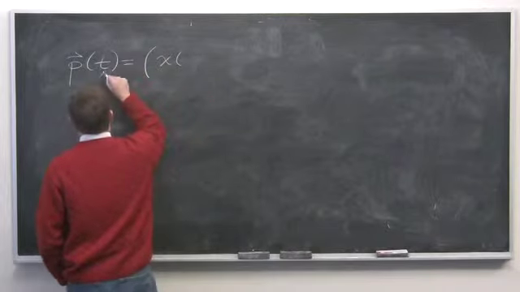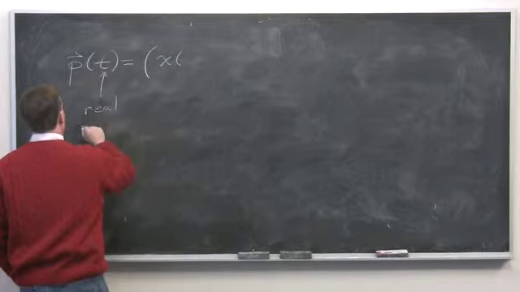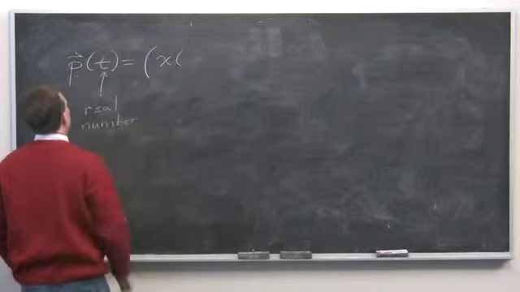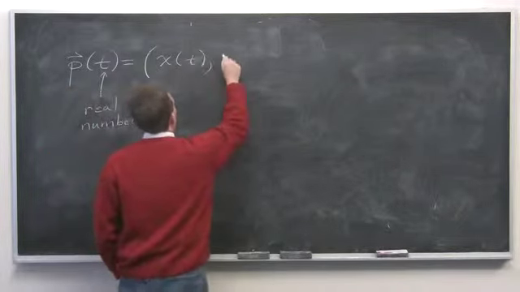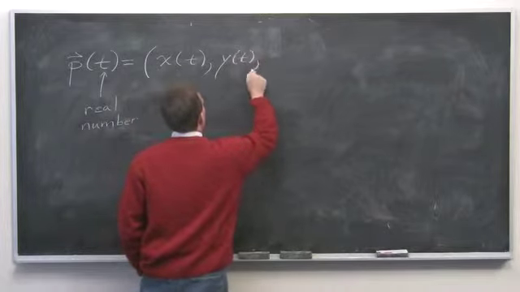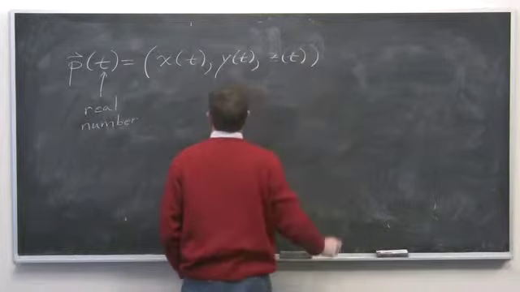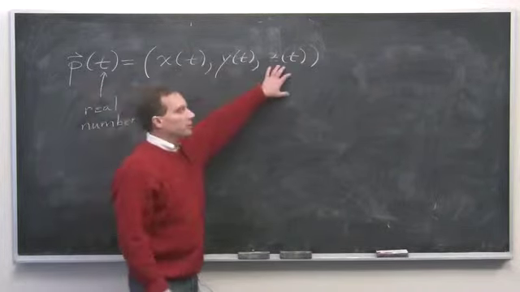We're going to have our domain be some subset of the real numbers. So a vector valued function. You give some real number t to the function, and it gives you back a vector, which looks like a point, of course, which means you get three functions.